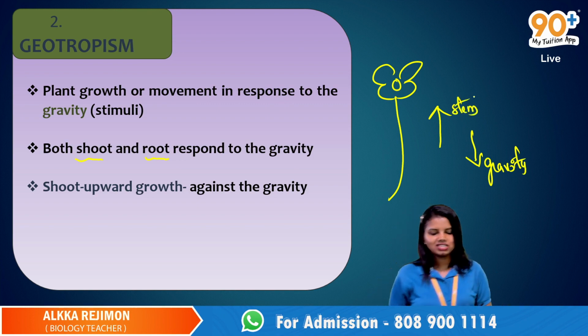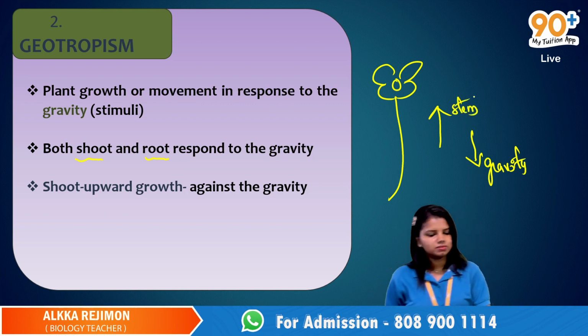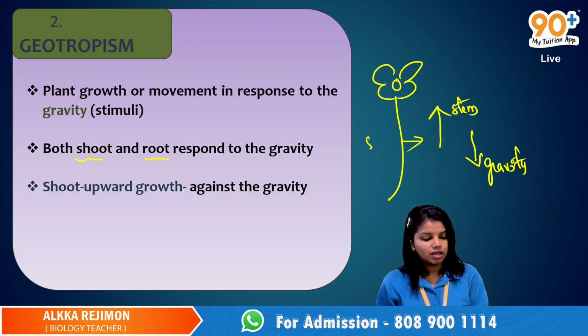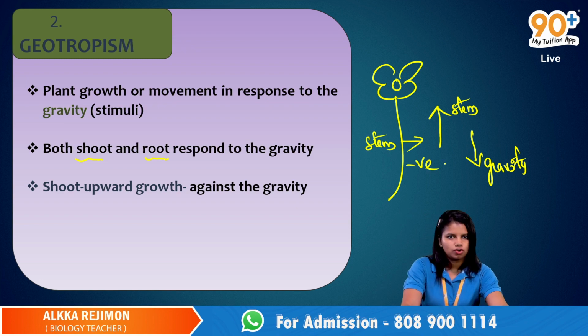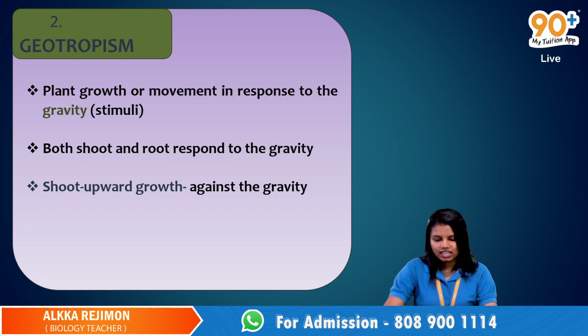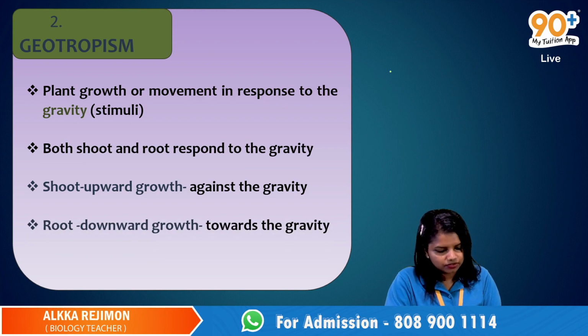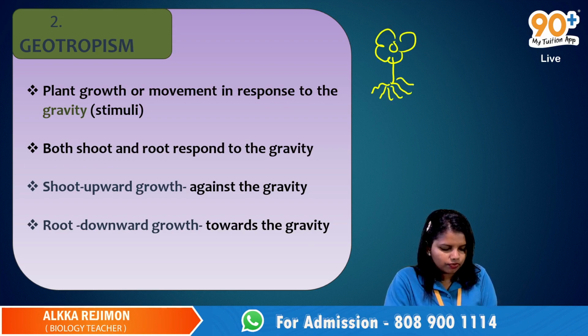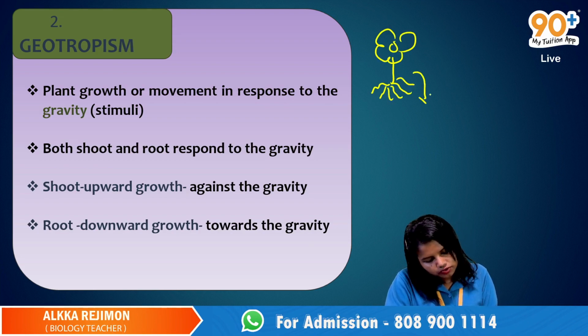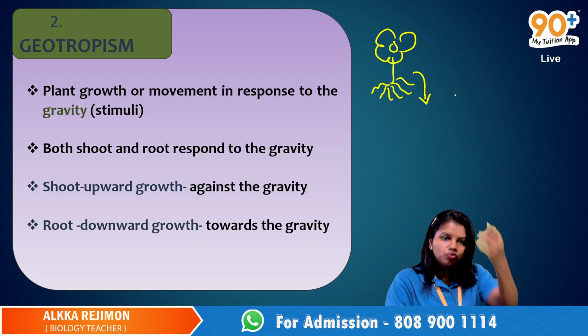So you can see that a negative geotropism can be seen in the case of plant stem, which always exhibits a negative geotropism. Okay, but in the case of a root, it is completely different. If you take the case of a plant, here the stem is, and if you take the root of a plant, you can see that the root of the plant always has the tendency to move downwards.